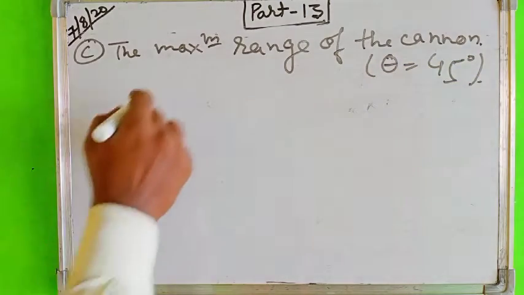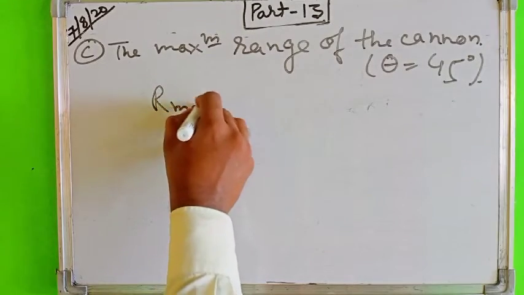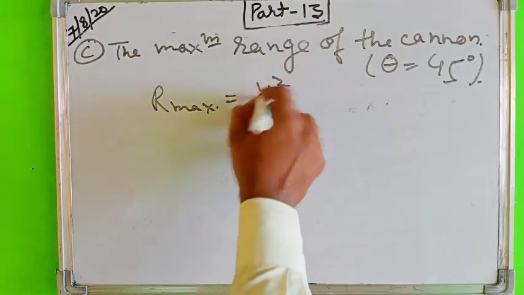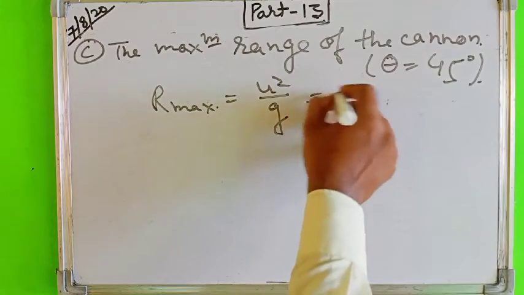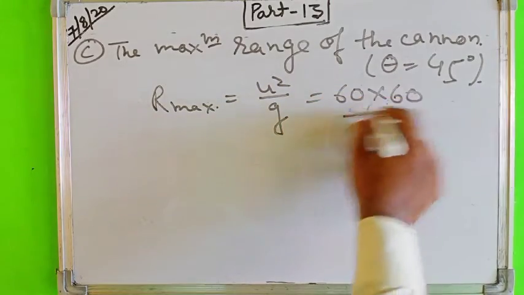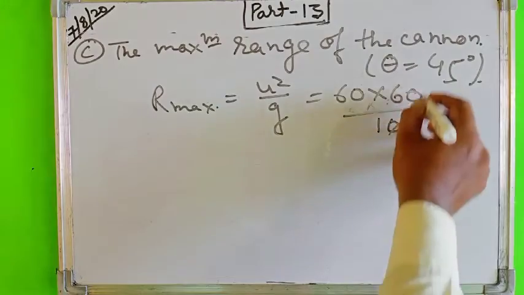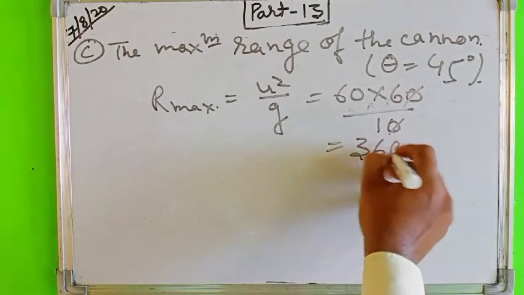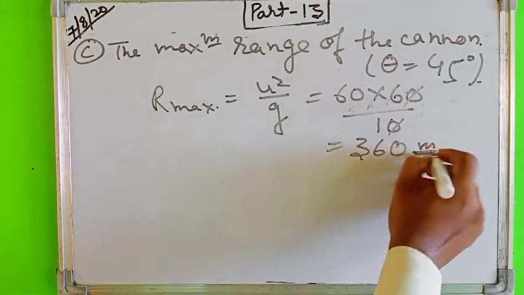So R max is equal to u square upon g, that is equal to 60 into 60 upon 10, that is 360 meter.